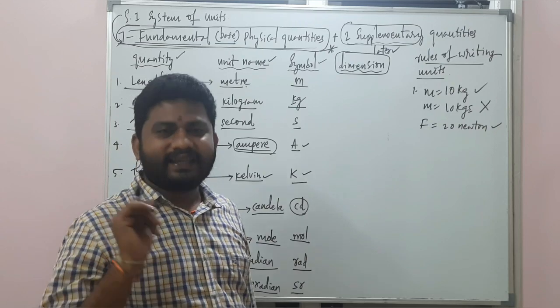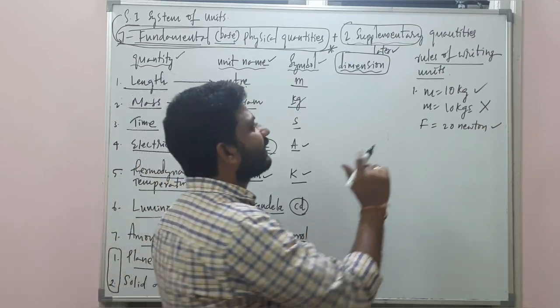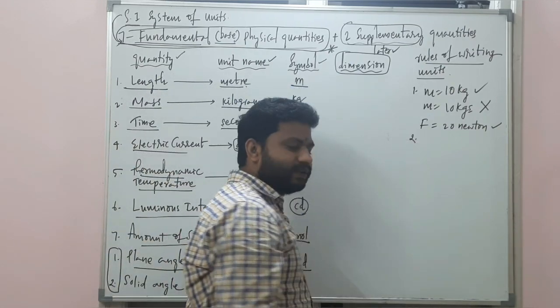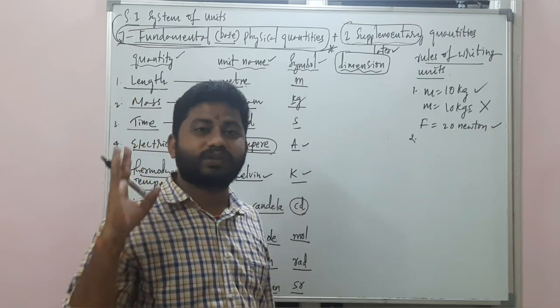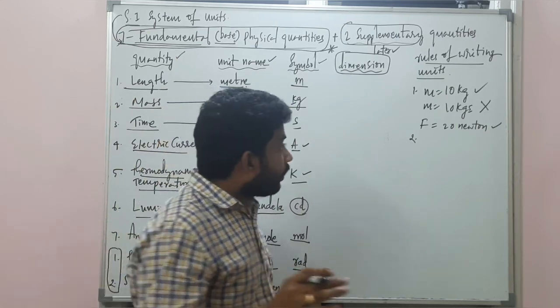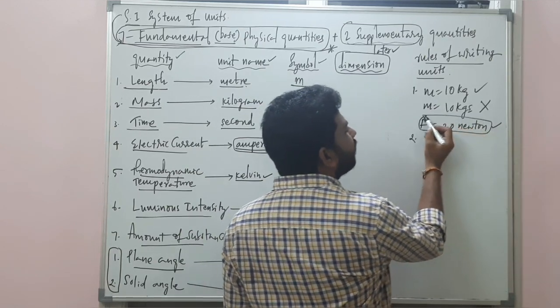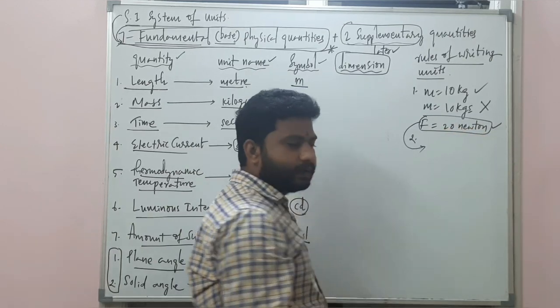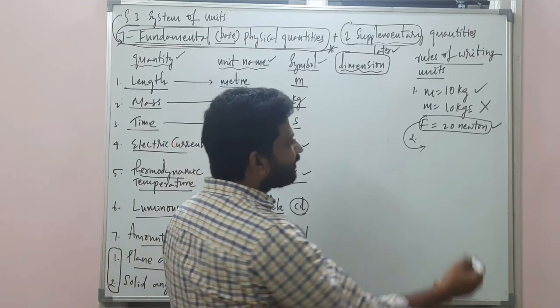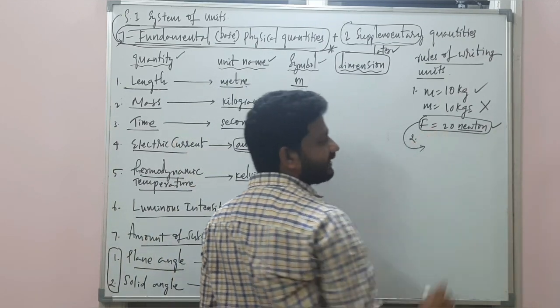And let's come to the second rule. There are only three basic rules I'm telling you. It's so simple. Here you can see Newton is the name of a scientist. Yes or no?